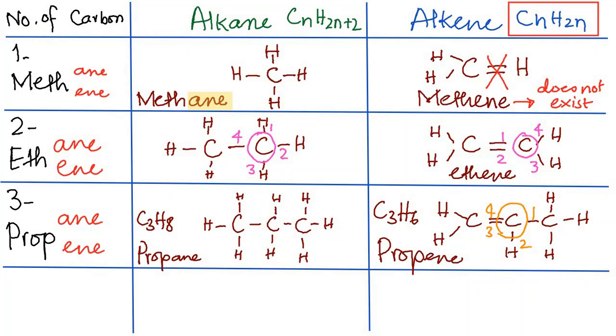Now the next hydrocarbon is the one containing 4 carbon atoms, and the compound containing 4 carbon atoms is referred to as but. It has a prefix but, and then we can put ANE for all those compounds containing 4 carbon atoms having a single covalent bond, and ENE for the compounds which contain at least 1 double covalent bond.